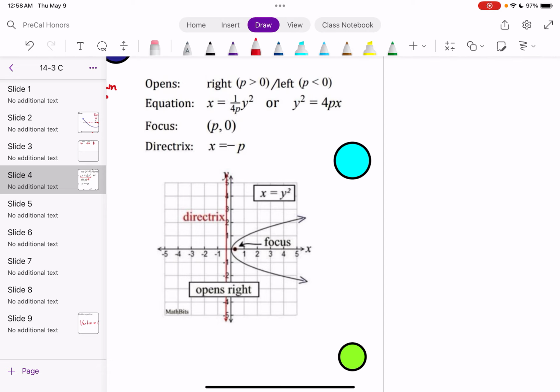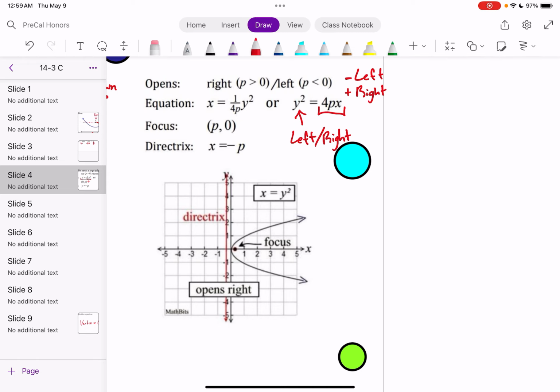This is an inverse of the equation that we just saw, which means that when we are seeing y squared, our graph would be facing left or right. Once again, we would figure that by looking at the 4px. If it's negative, it would go left. If it's positive, it would go right.